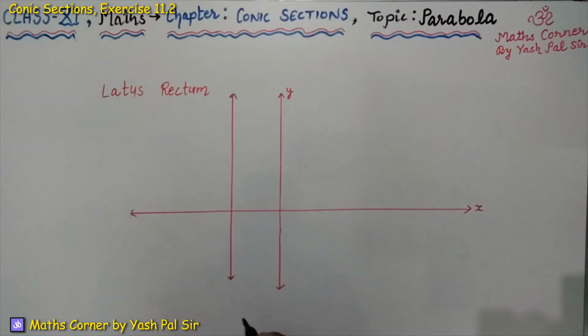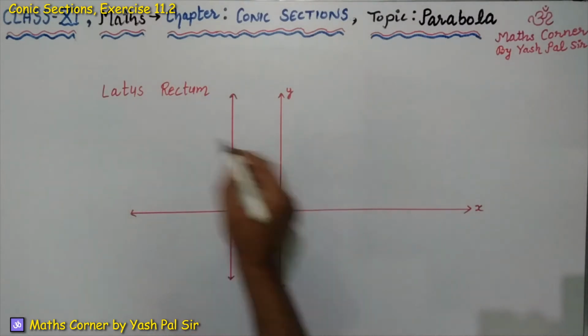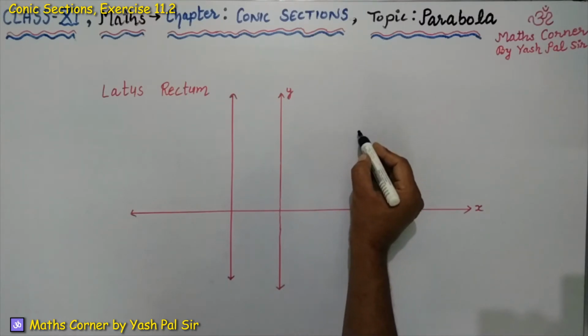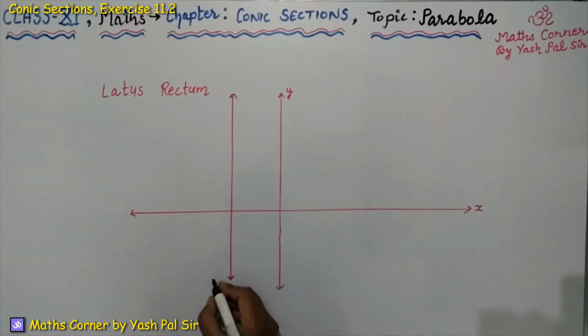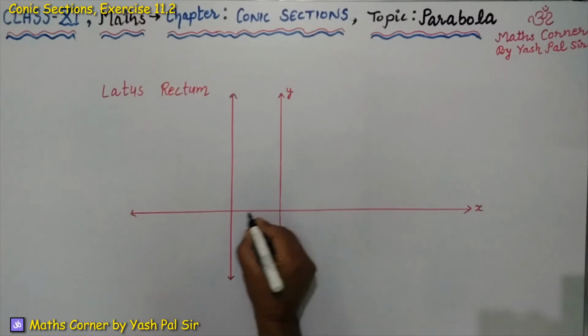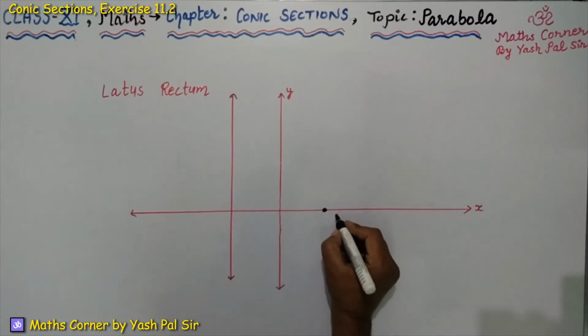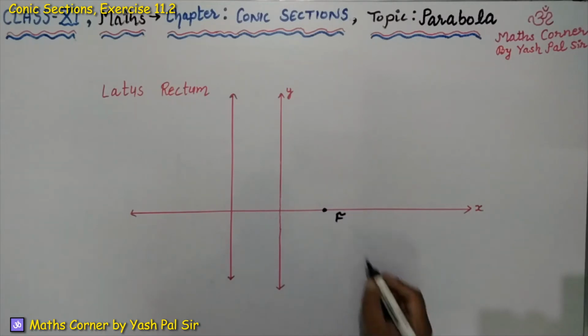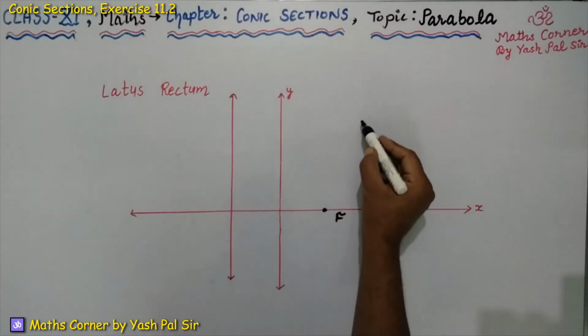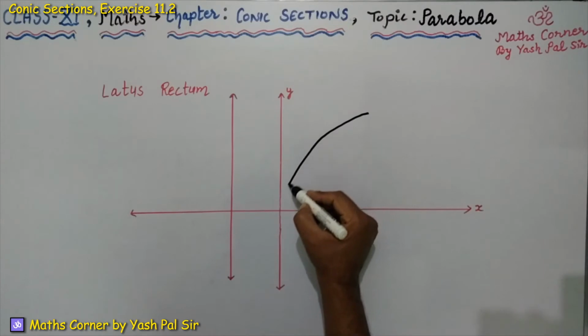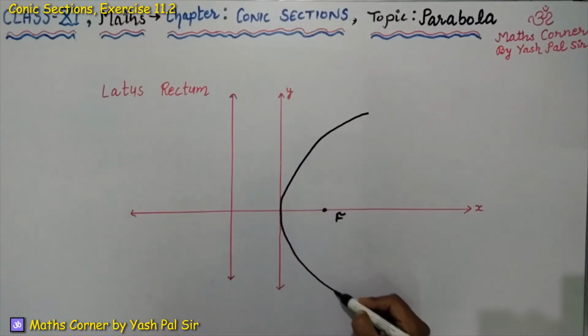One very important aspect, latus rectum of the parabola, we are forgetting this. Suppose this is the directrix of the parabola, equal to this distance on the x-axis. Suppose this is the point which is the focus of the parabola. We have the shape of the parabola.